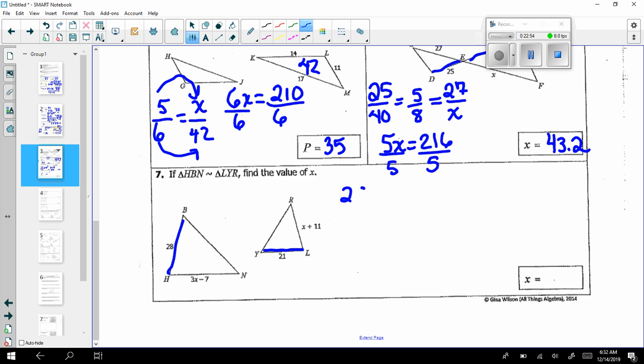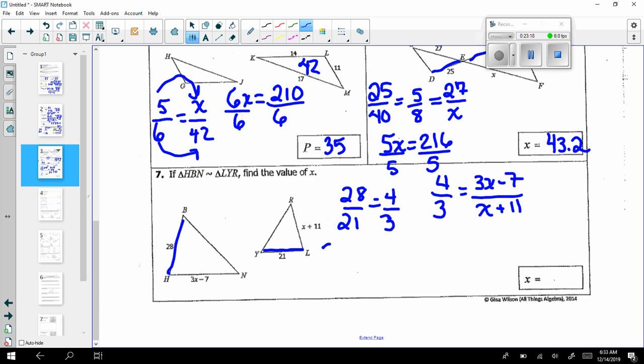Let's do 28 over 21. Those reduce to 4/3, right? Okay, so I'm going to do 4 over 3 is equal to the side of the larger triangle, 3x minus 7, divided by x plus 11.